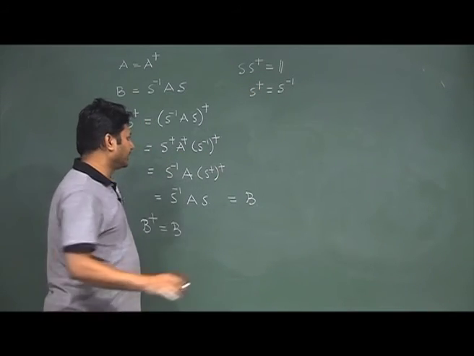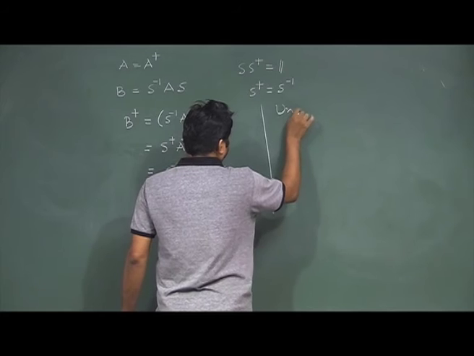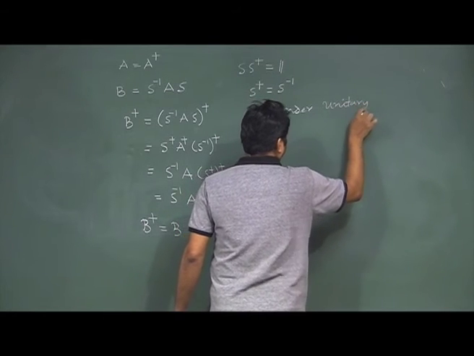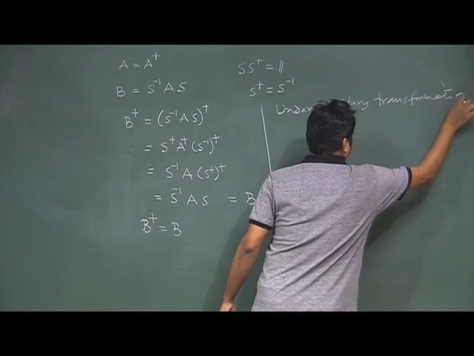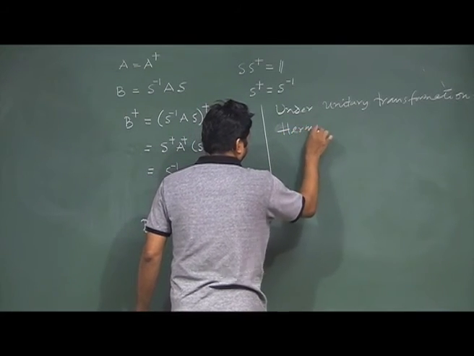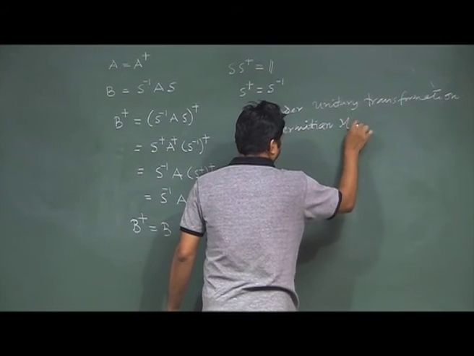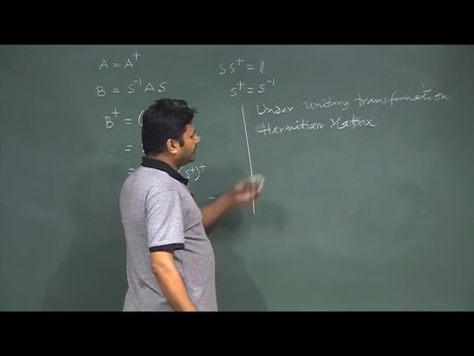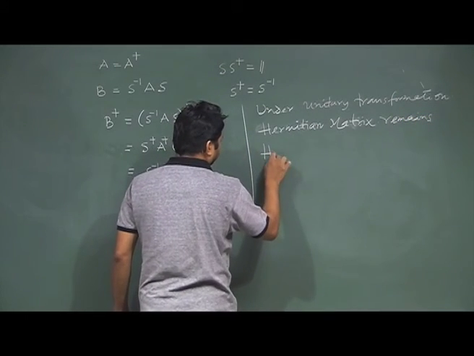So, under unitary transformation, the conclusion is: under unitary transformation, a Hermitian matrix remains a Hermitian matrix.